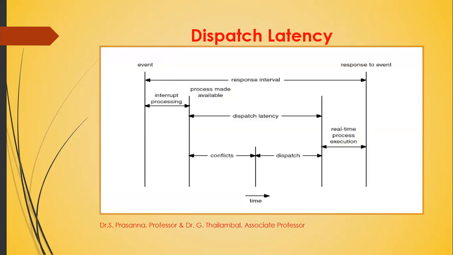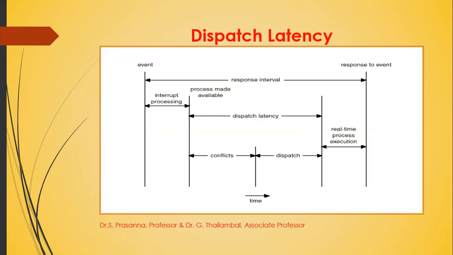And what is dispatch latency? Event response to event. So the response interval is where the event starting time is very low. So it is a response interval, and this interval may be called the dispatch latency.